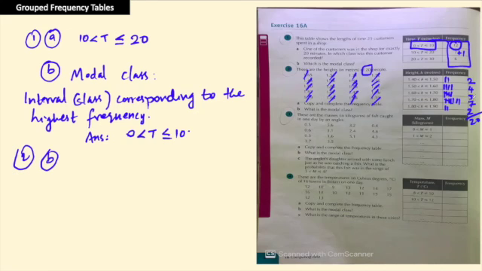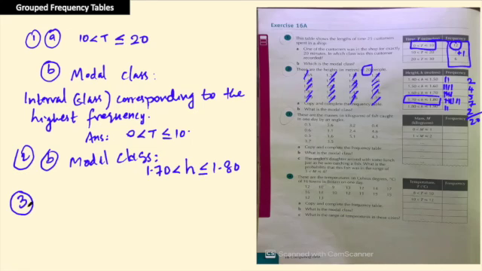Highest frequency is 7, and the interval corresponding to 7 is 1.70 less than h less than or equal to 1.80. So modal class is 1.70 less than h less than or equal to 1.80.